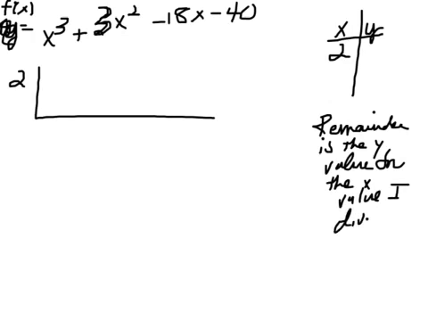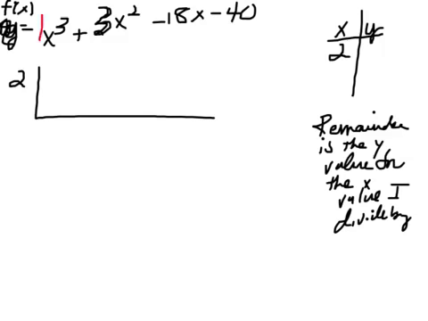I could plug in a 2 and cube it and square it and multiply it by 3, the normal way, but synthetic division is faster, and people like this a lot better than having to chug it out if they weren't allowed to use their calculator.